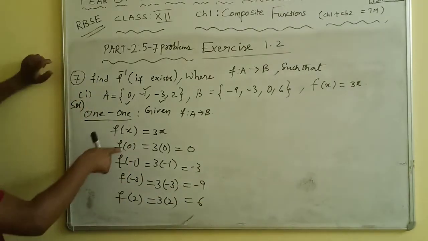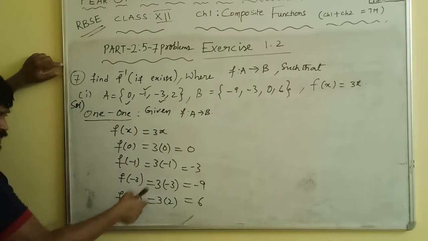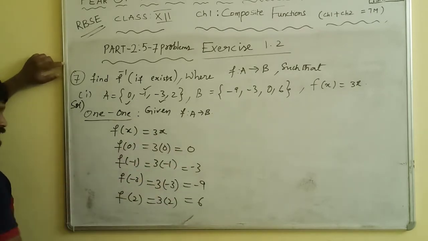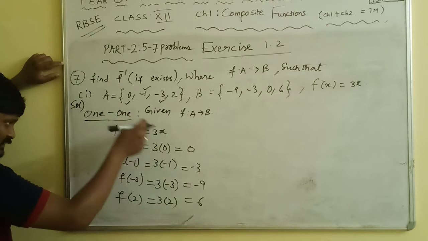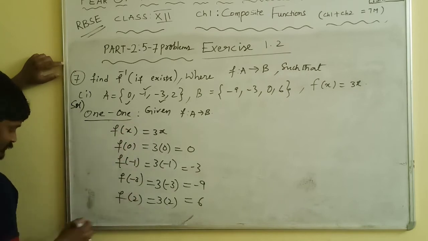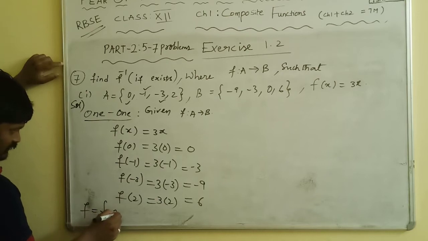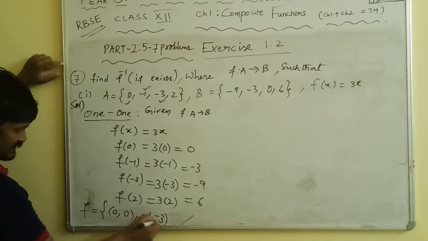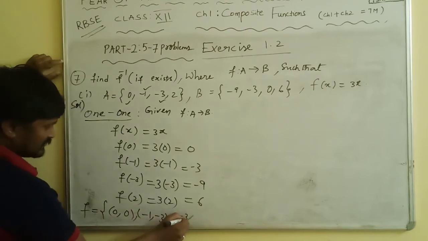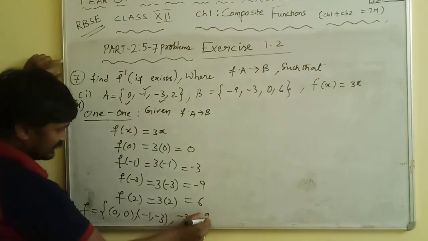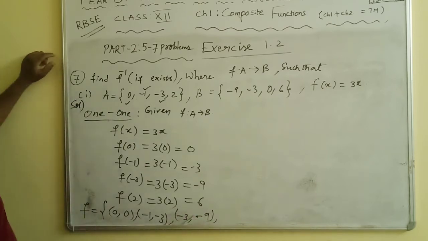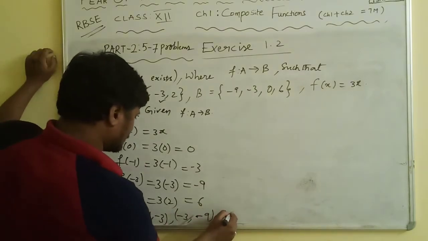So these are the outcomes, these are your results. This is called the range and this is called the domain. Then if I need to write f, it is 0 comma 0, minus 1 comma minus 3, minus 3 comma minus 9, and 2 comma 6.